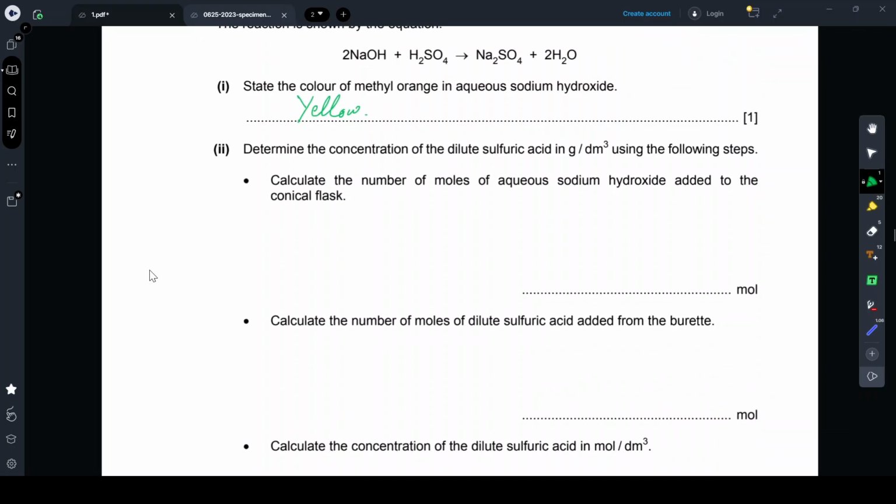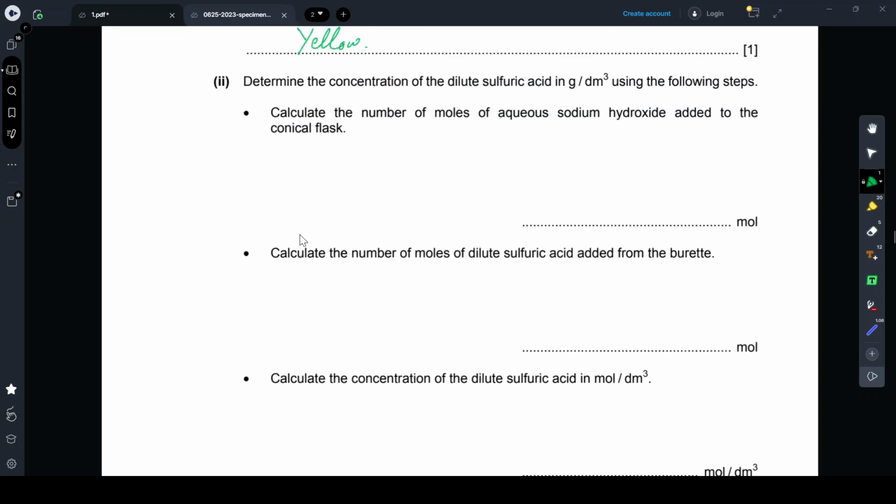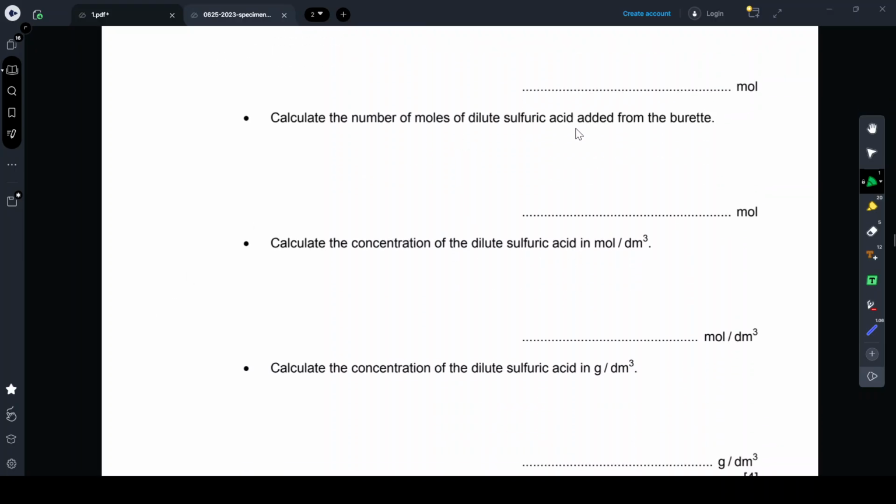of the sulfuric acid in grams per decimeter cube using the equation. Could you scroll down all the way so I can see all three questions? Therefore, yeah, it's four, right? So the first step is calculate the number of moles of aqueous sodium hydroxide added to the conical flask. Then calculate the number of moles of dilute sulfuric acid added to the burette.